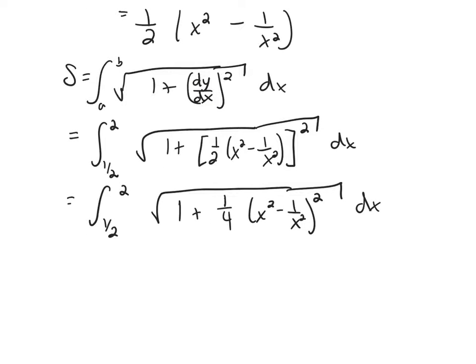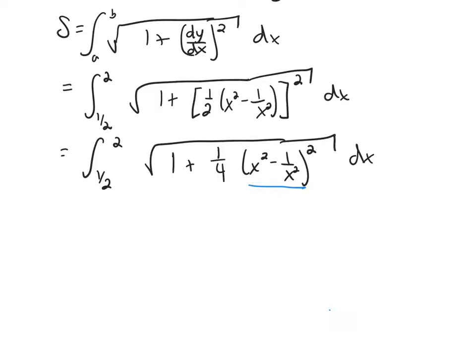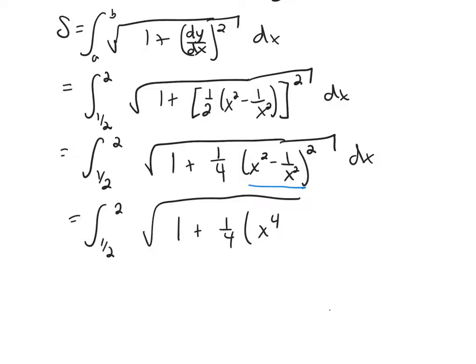So if you look at this part right here, you have 2 copies of it, so you're going to have to FOIL it out. Once you FOIL it out, you'll get 1 plus 1/4 times x to the 4th minus 2 plus 1 over x to the 4th.